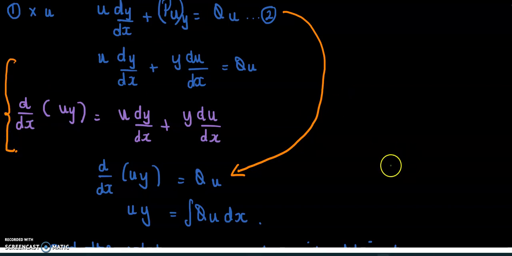So let us now look at an example. Let's say we have cos x dy/dx plus y sin x is equal to 1.